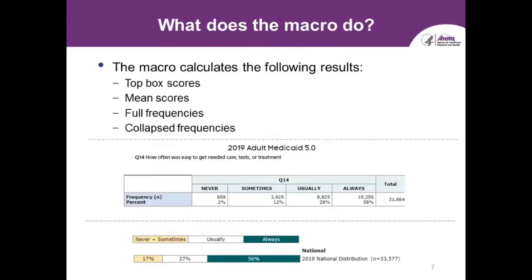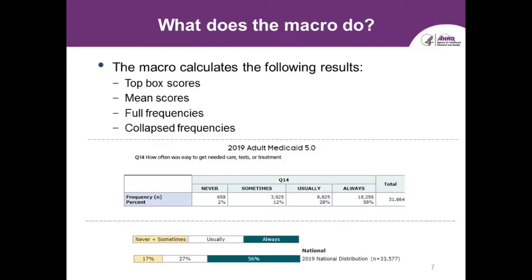The CAHPS analysis program, or macro, calculates all the basic results users of the CAHPS surveys may want. This can include top box scores, which are the percent of respondents answering the most positive response option, such as always, mean scores, full frequencies for all the different response options, for example, the percent answering always, usually, sometimes, and never, as well as collapsed frequencies, for example, the percentages for those answering always, usually, and then collapsing those answering sometimes and never.